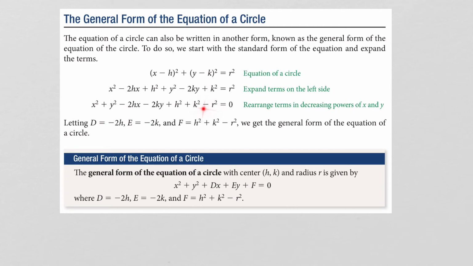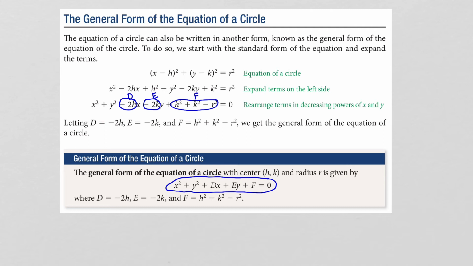And this number here, h squared plus k squared minus r squared, is also just a number, and we're going to call that f. And when you do that, when you replace this number with d, this one with e, and this thing with f, you get a simplified version of the general form of a circle, and you can see that down below here.